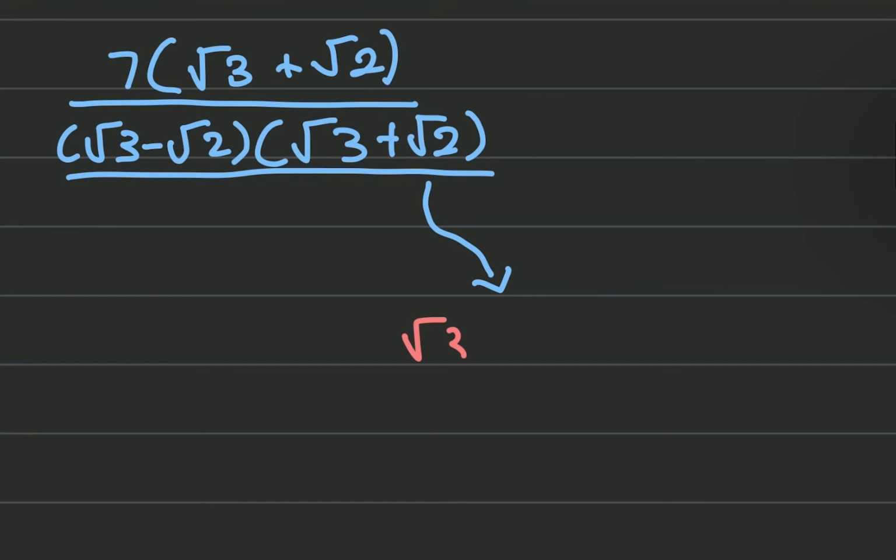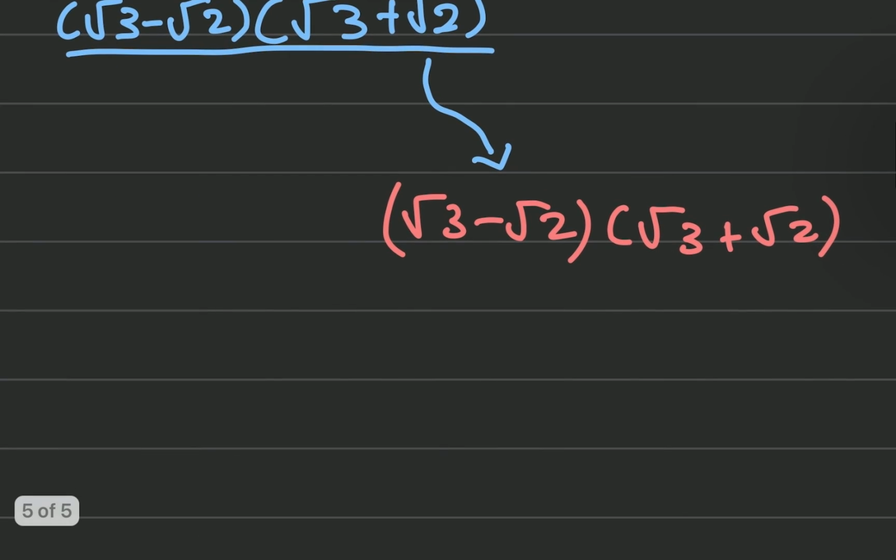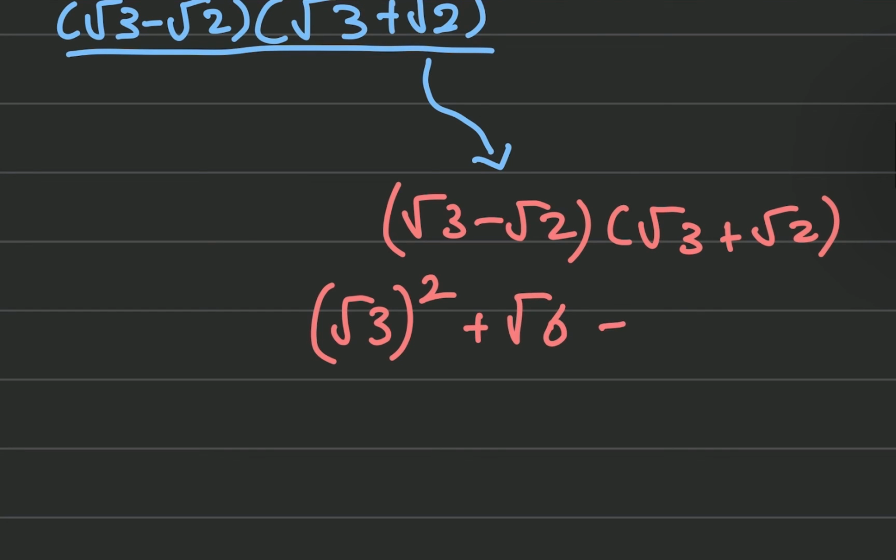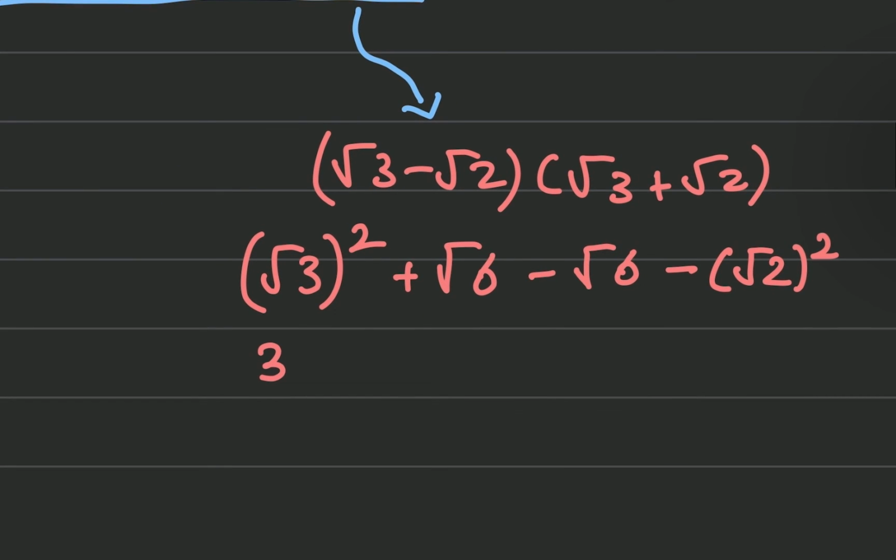So root 3 minus root 2 multiplied by root 3 plus root 2 is root 3 whole squared plus root 6 minus root 6 minus root 2 whole squared. So that's 3 plus root 6 minus root 6, so that's 0, minus 2.